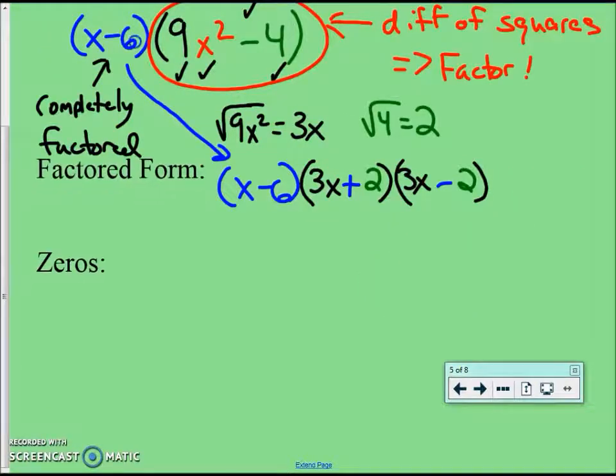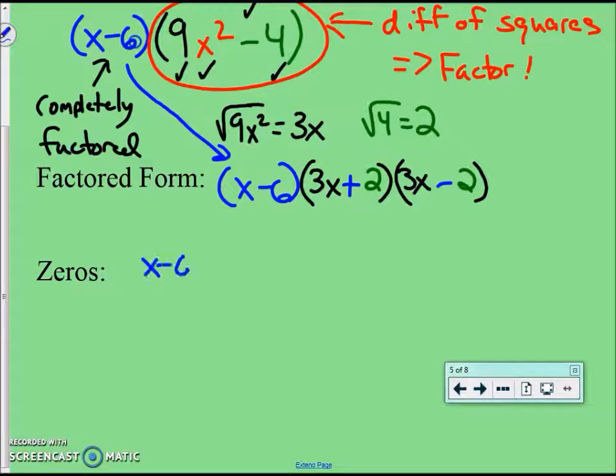In order to find our zeros, we're going to set each one of these equal to 0. So I have x minus 6 is equal to 0. I have 3x plus 2 is equal to 0, and 3x minus 2 is equal to 0. x minus 6, I'm going to add 6 to both sides.